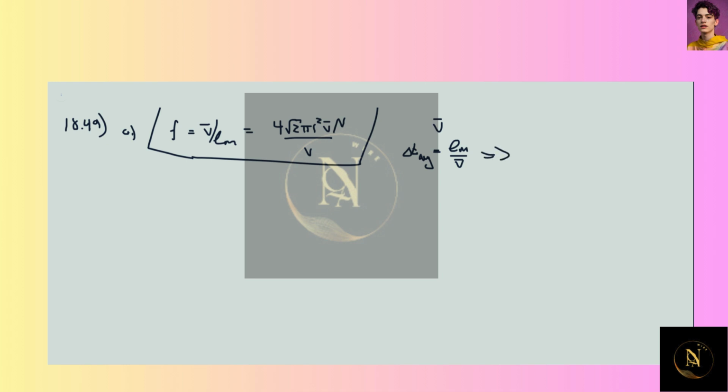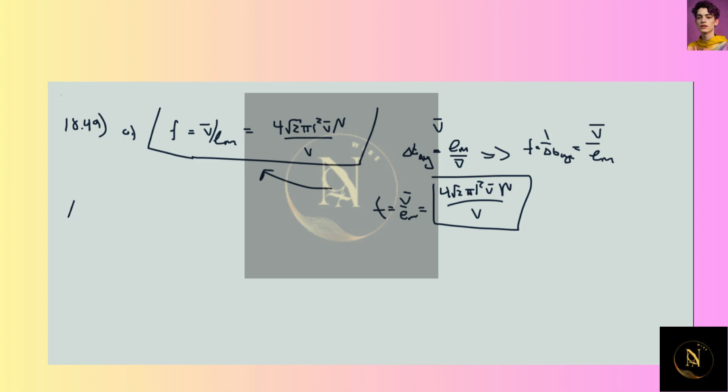So this is the same as 1 over delta t average, or v bar over the mean free path. And as we can see here, we already know that v bar over the mean free path is the same as 4 root 2 pi r squared v bar N over V. It's as simple as that. Cool. Let's move on to part B.